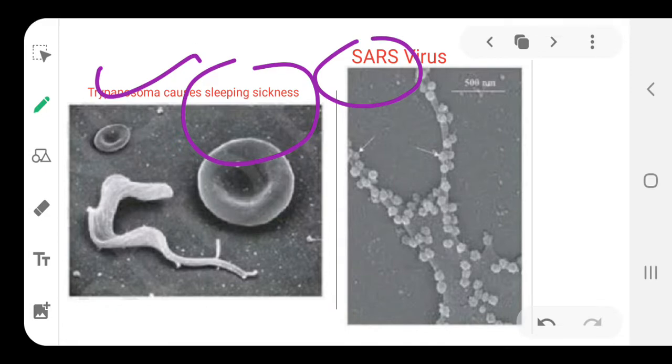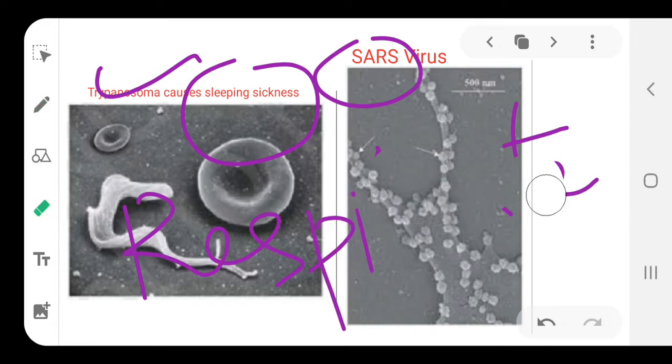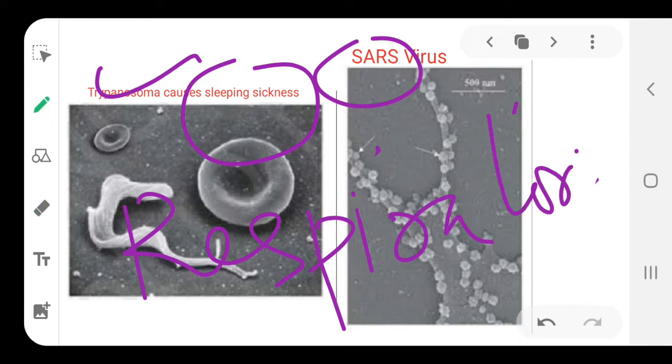Write down the full form of it: severe acute respiratory syndrome.